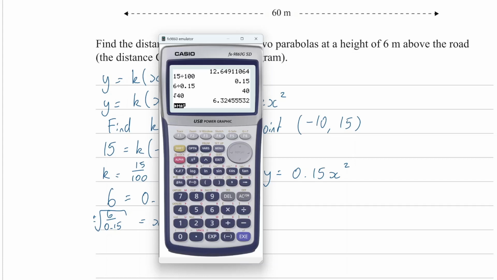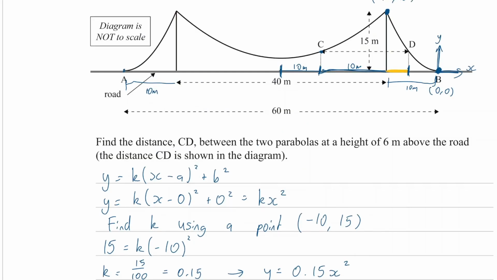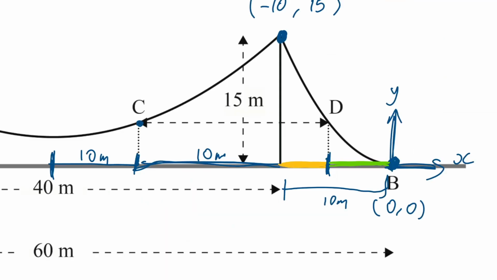So we get plus or minus 6.325, or 6.32. I can kind of just ignore the negative solution because we're using distances here. So that means, diagrams zoom in, enhance, this distance is 6.32, right? Because we worked out the x value here.